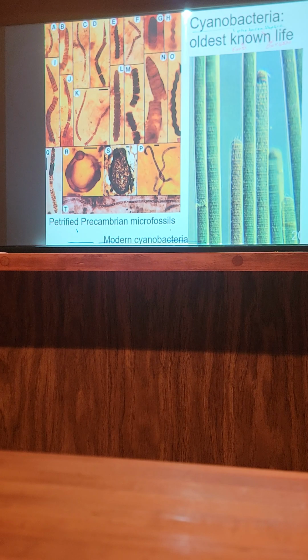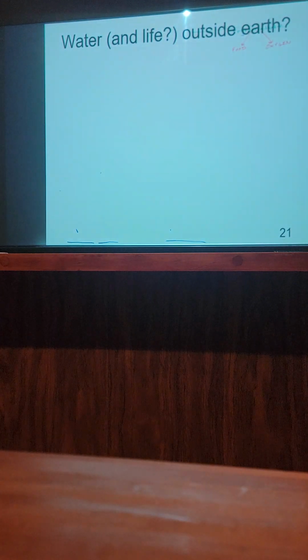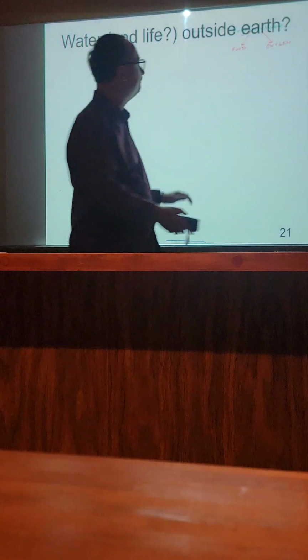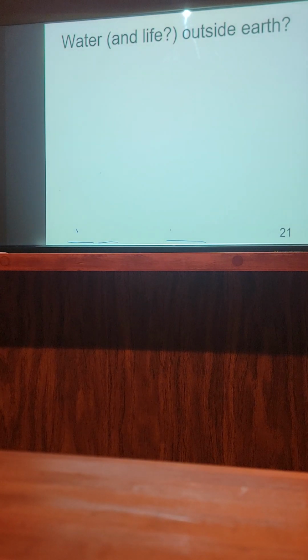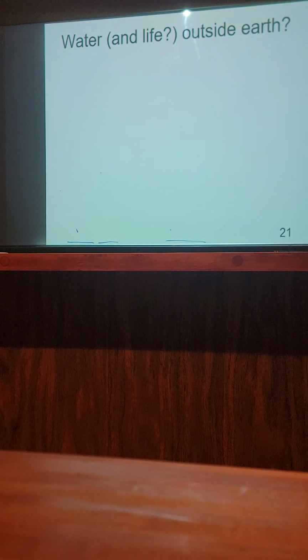All right. And so in terms of water and life outside Earth, there are some possibilities. We've seen them in comets and meteorites and nebulae. Now, what about in our solar system?